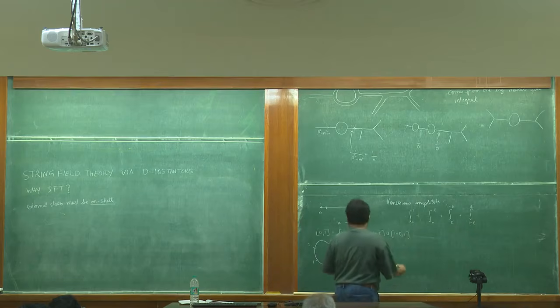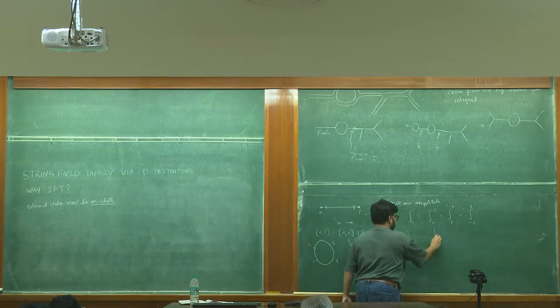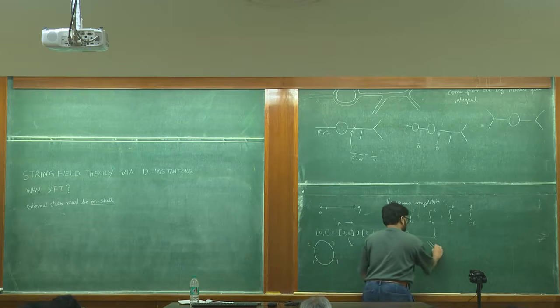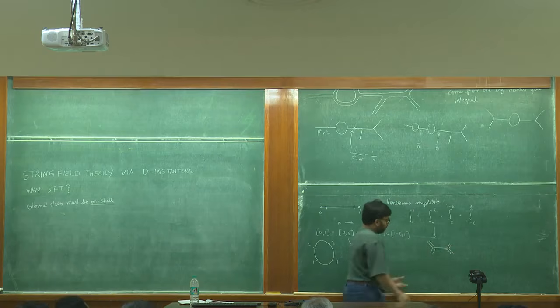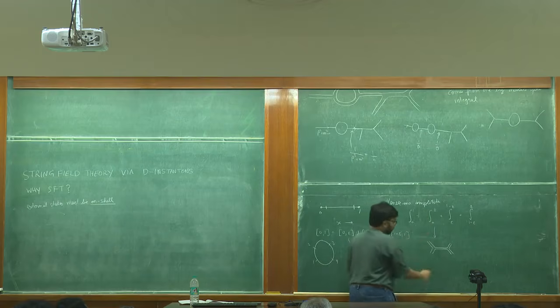Now what you do is you realize that this thing I will assign to a Feynman diagram which is like this. So there is some propagator, and the length of this propagator is related to this parameter going from 0 to epsilon. Okay. So this will be 1, 2 going to 3, 4.